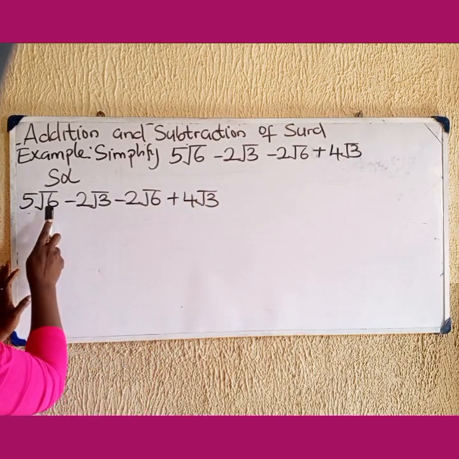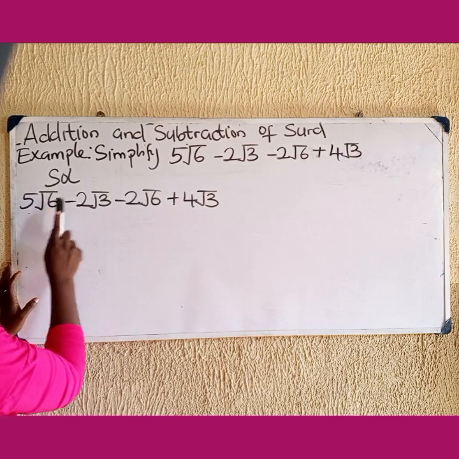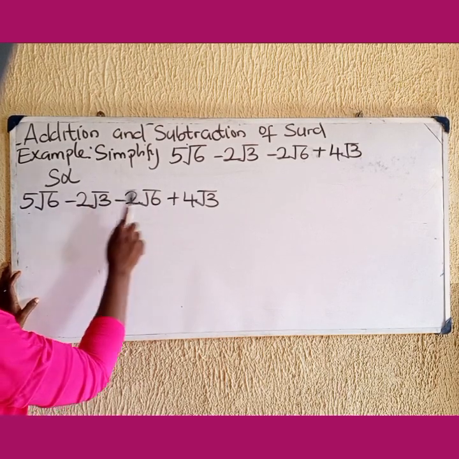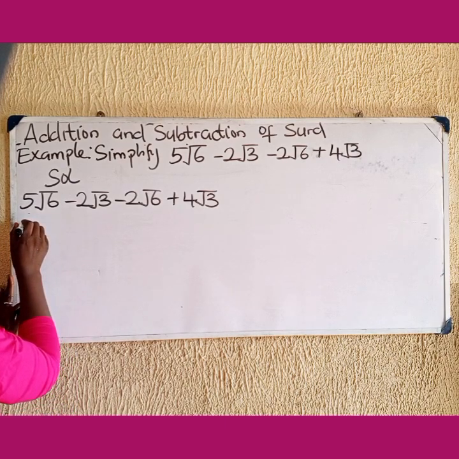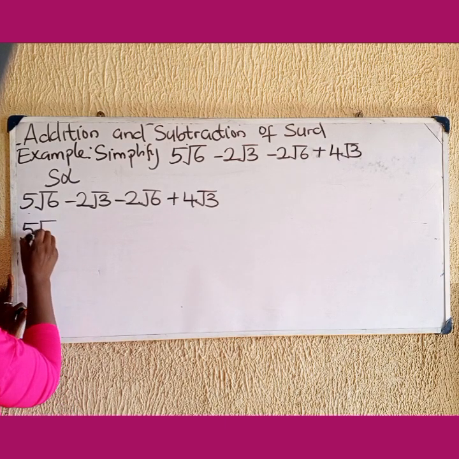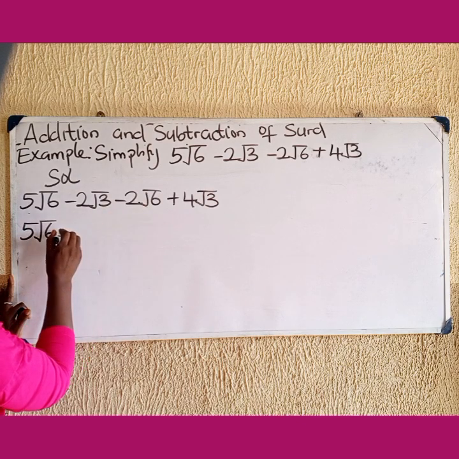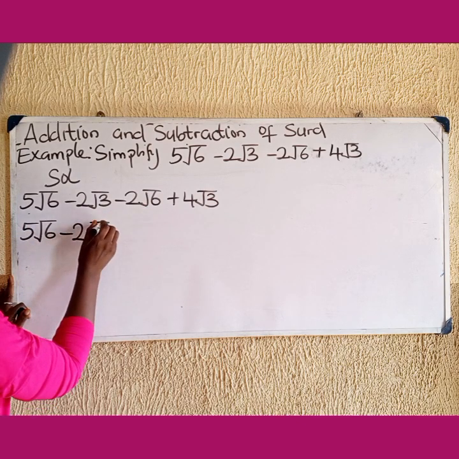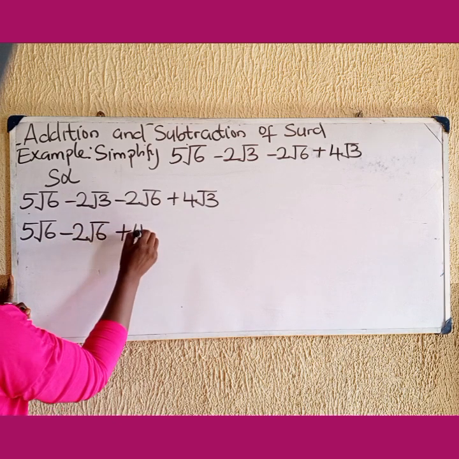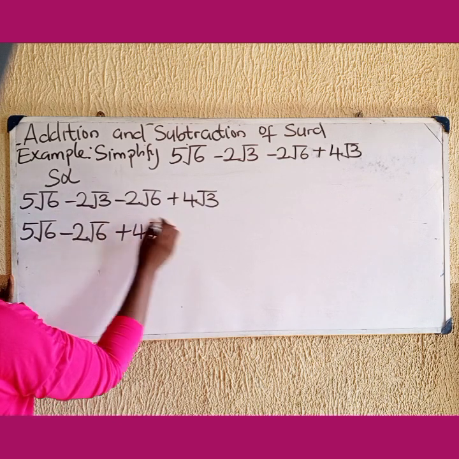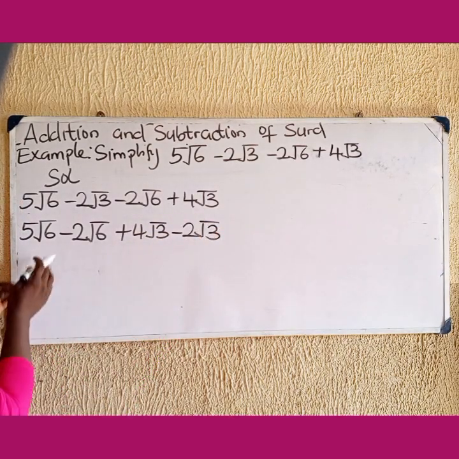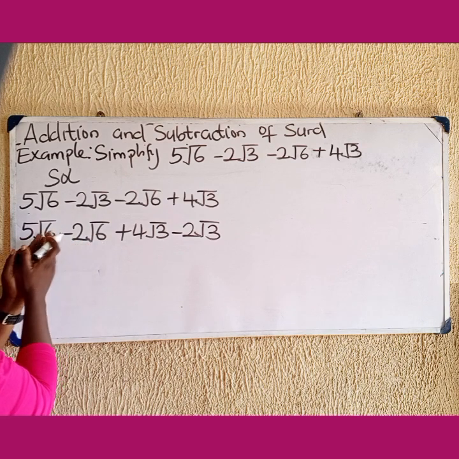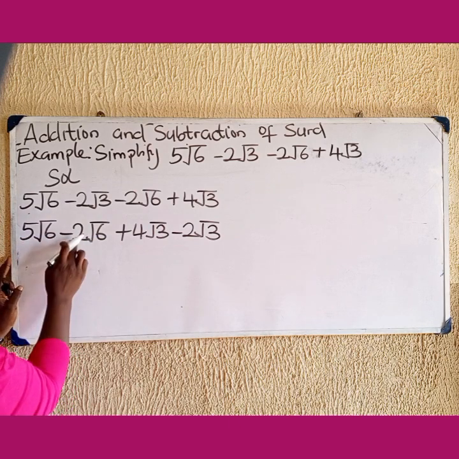Now when you look at it, you can see this is root 6, and this is root 3. So I'm going to collect like surds. When I collect like surds, I'll have 5 root 6, I'll bring this one, minus 2 root 6, plus 4 root 3 minus 2 root 3. Since these have the same surd, root 6 and root 6, I'm going to subtract.